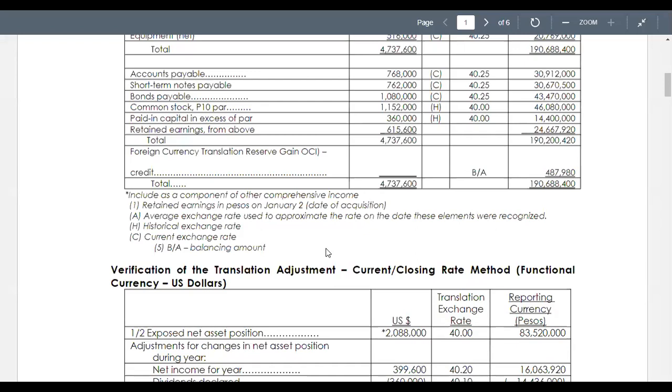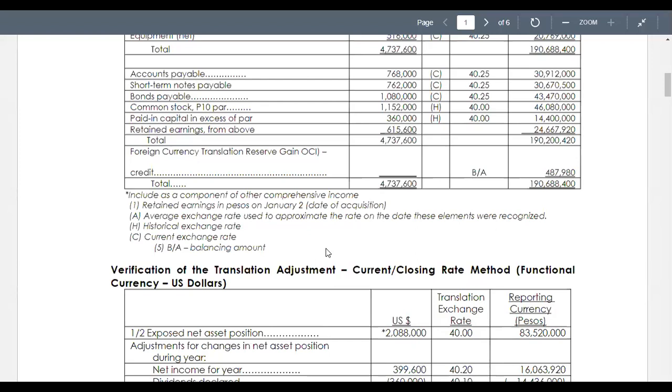How about amortization of patents? Our patents were acquired in 20x3, so the applicable rate is 0.25.